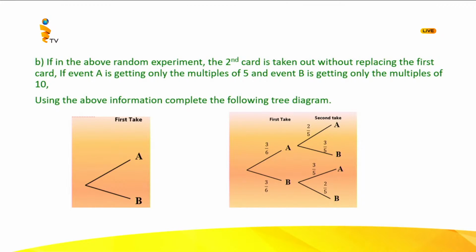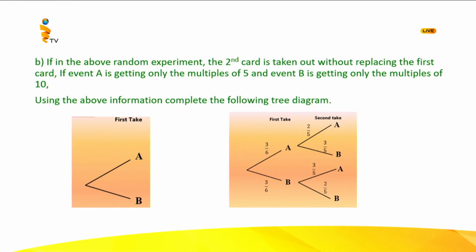So, suppose you have taken a multiple of 5 in the first occasion and you are not going to put it back. Then in the second occasion, it can be either A or B, and if you have taken a multiple of only 5 in the first occasion, now there can be only 2 cards having only the multiples of 5.